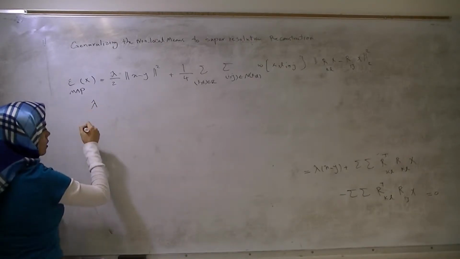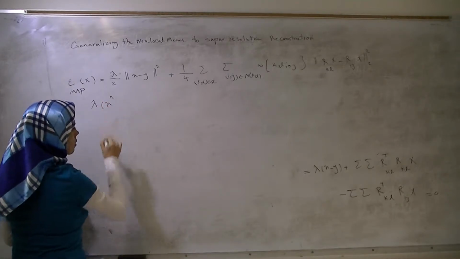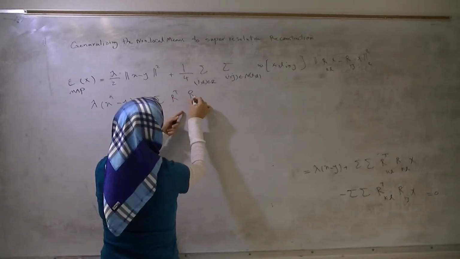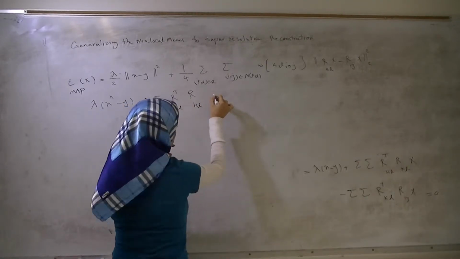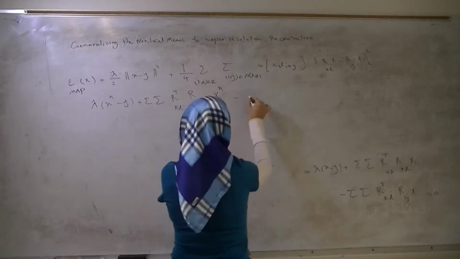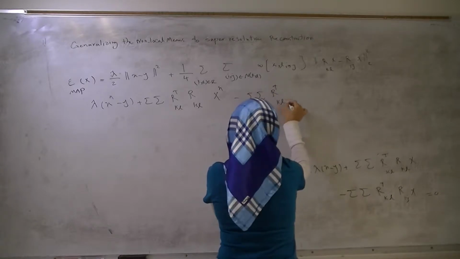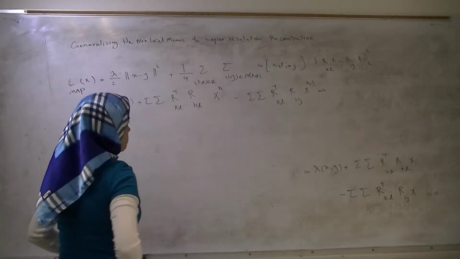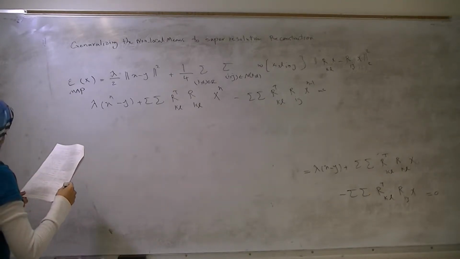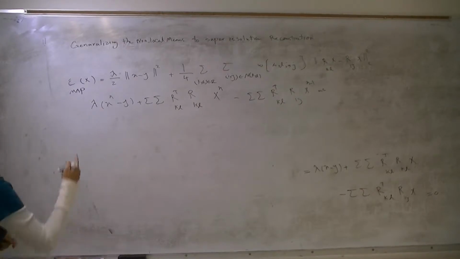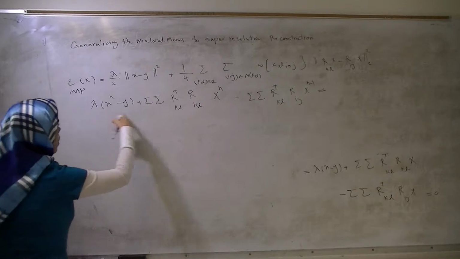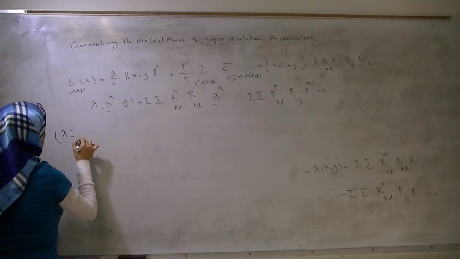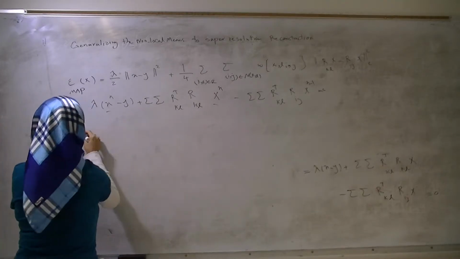So these two, x_n from here and after lambda I plus.